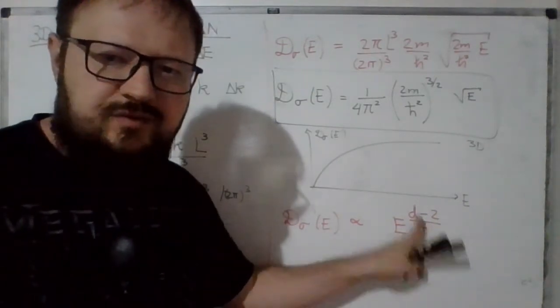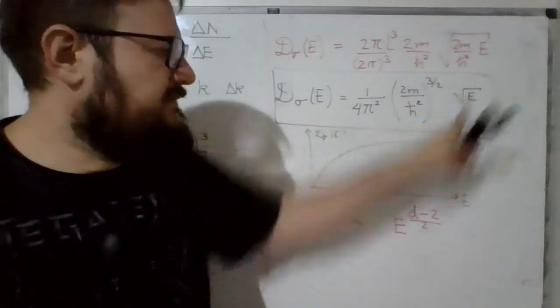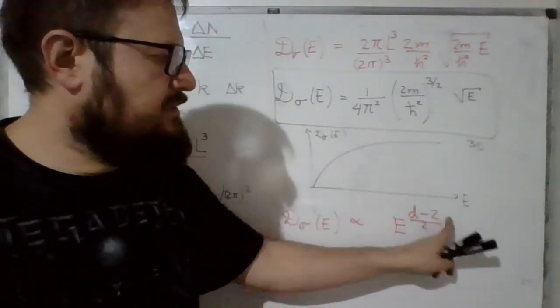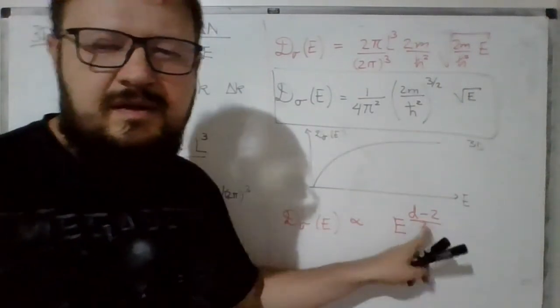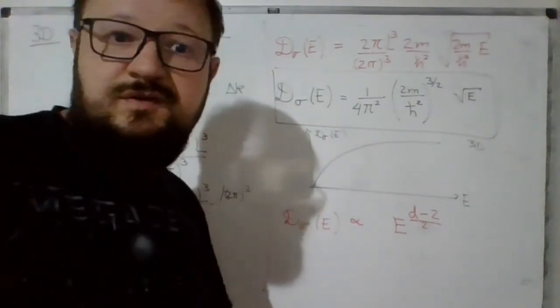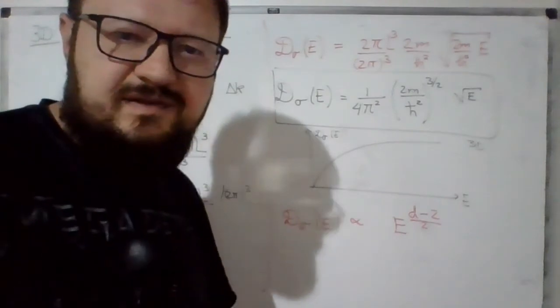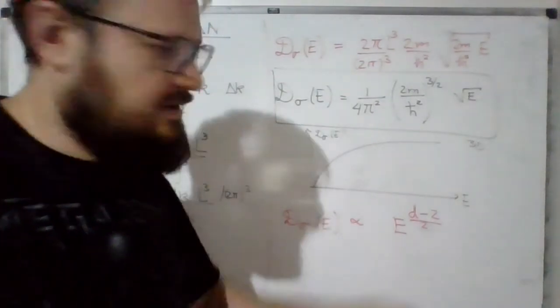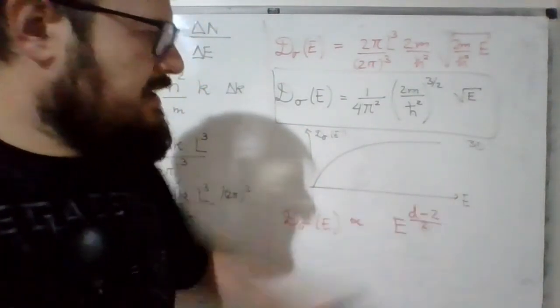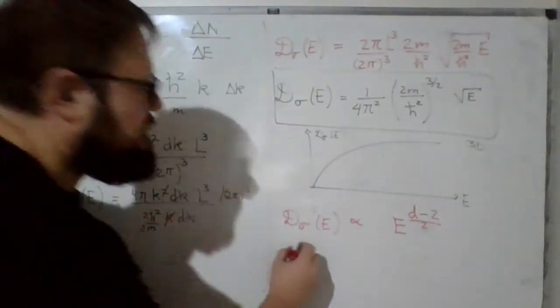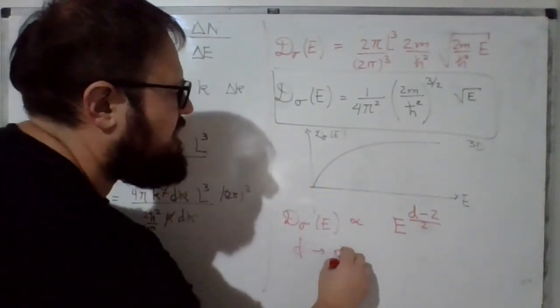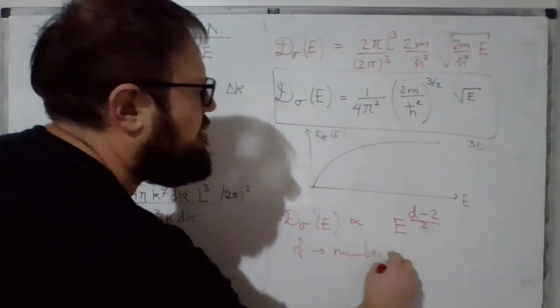In 3 dimensions you have 1 half, in 1 dimension you have minus 1 half, and in 2 dimensions you can show that the density of states is a constant, because 2 dimensions cancel this factor of 2. So this d here is the number of spatial dimensions.